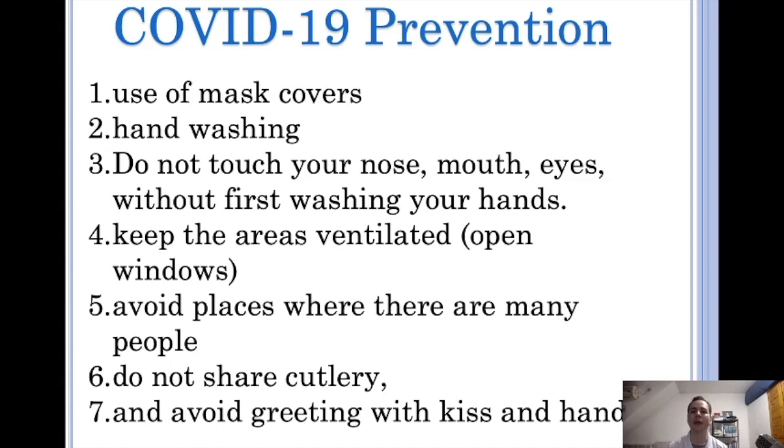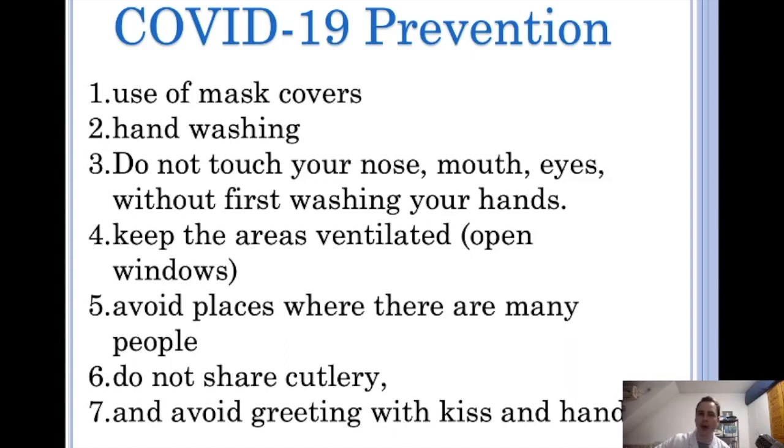So the first thing is we have to use masks to cover ourselves, because I read that a lot of people are not using the mask. The point with this virus is that it has a 14 to 28 days incubation time, so sometimes you can have the virus without presenting any symptoms, okay? So if I have the virus but I'm not presenting any symptoms, I will think that I'm okay.